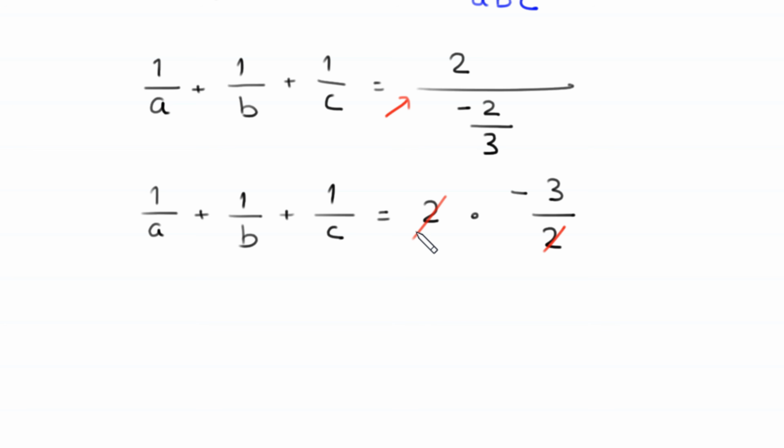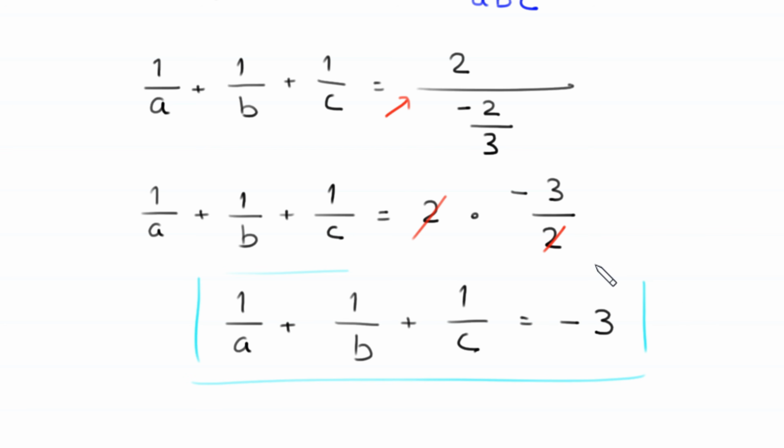We are left with 1 over a plus 1 over b plus 1 over c equal to negative 3. This is the required value of 1 over a plus 1 over b plus 1 over c. This is the final answer of this problem.